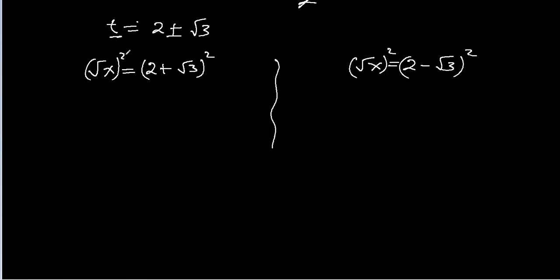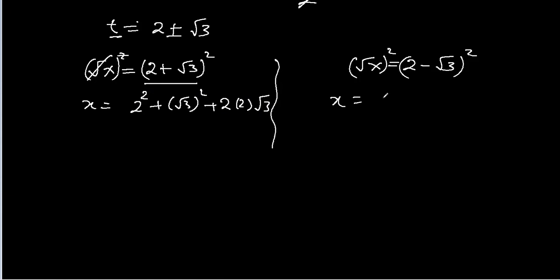So if I square here, this square root gets cancelled. x is equal to, and again in this exam we have used it many a times, (a plus b) whole square is equal to a square plus b square plus 2ab. Similarly here, x will be equal to a square plus b square minus 2 times ab. So the difference here is plus and minus again.